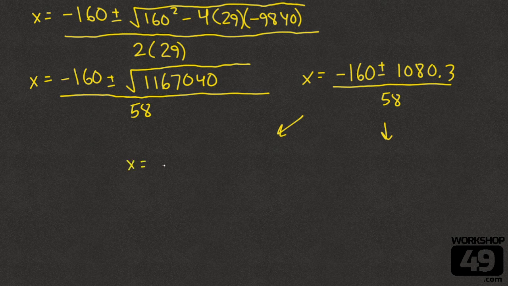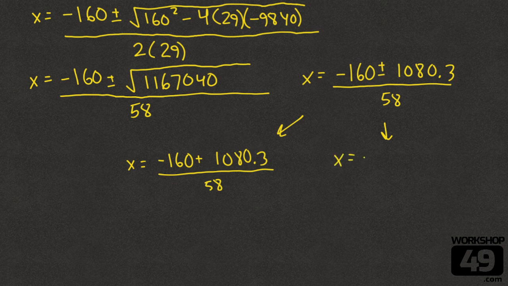So we get x equals negative 160 plus 1080.3 all over 58. And we do it with the subtract because it's plus or minus. That means do it twice. Negative 160 minus 1080.3 over 58.